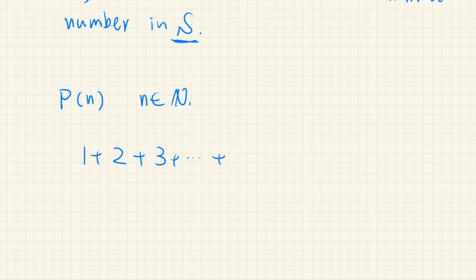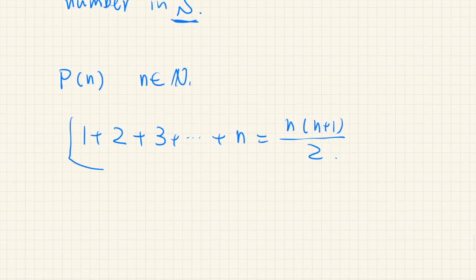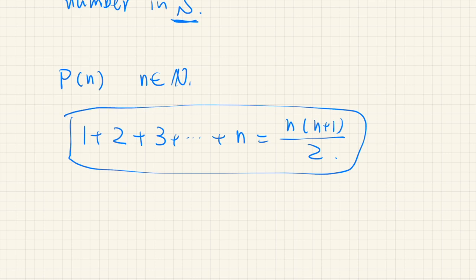So the sum of natural numbers from 1 to n is equal to n times n plus 1 divided by 2. Okay, so this entire equation may be considered as a predicate that depends on this n, natural number.